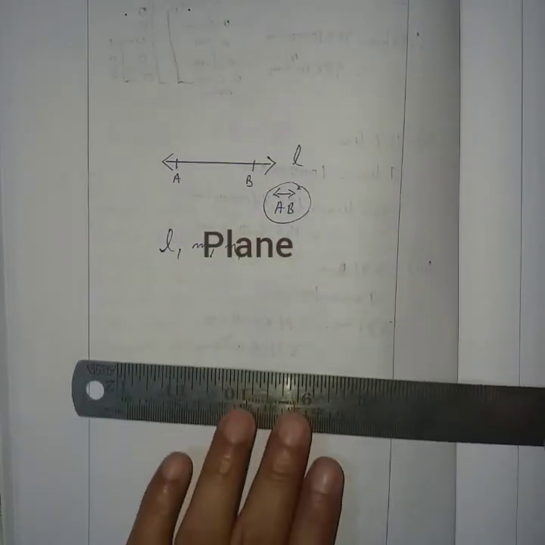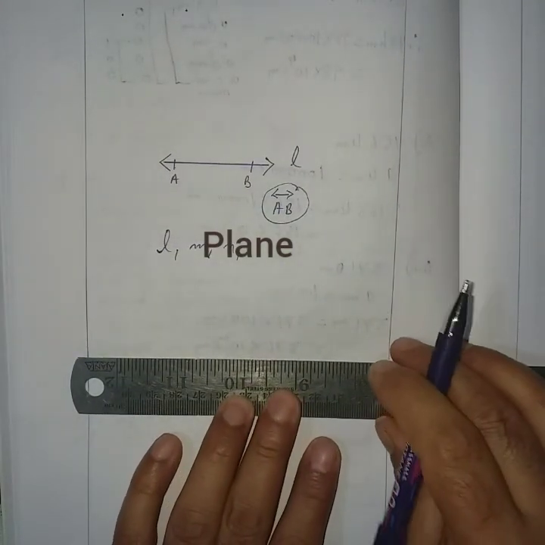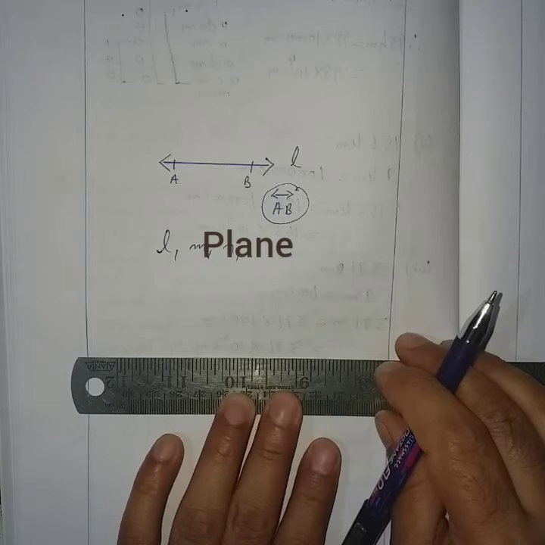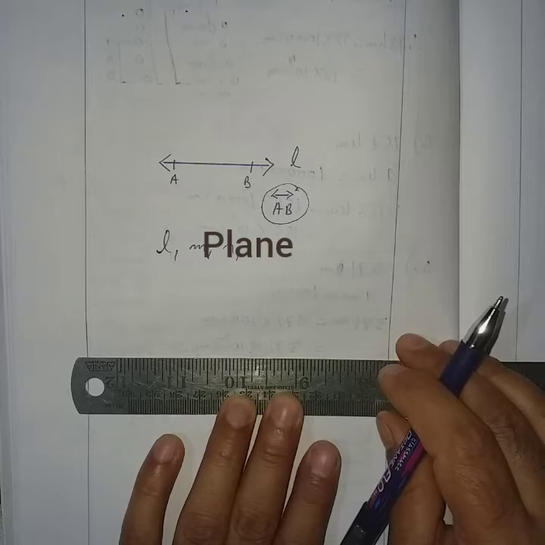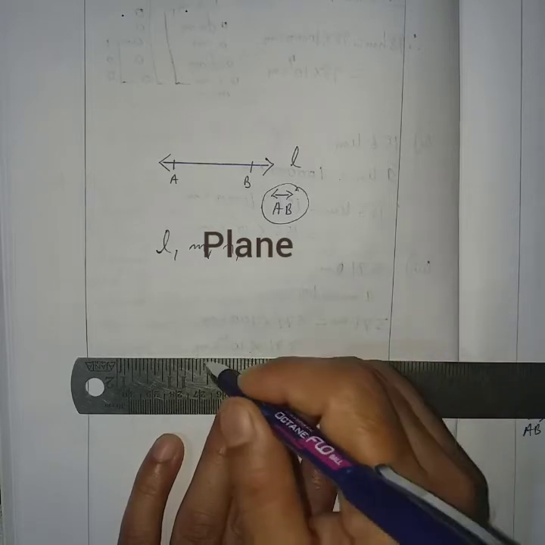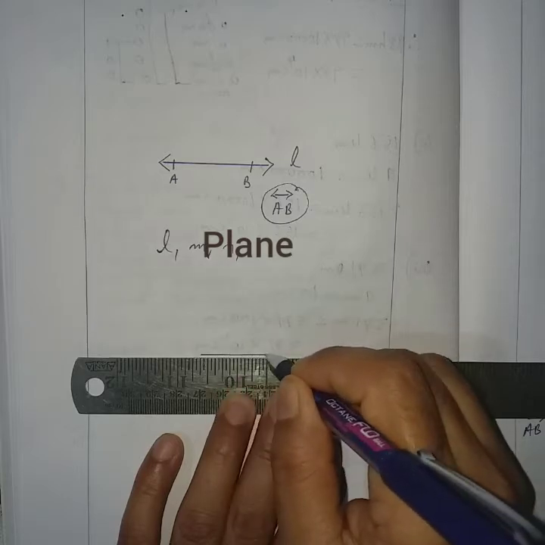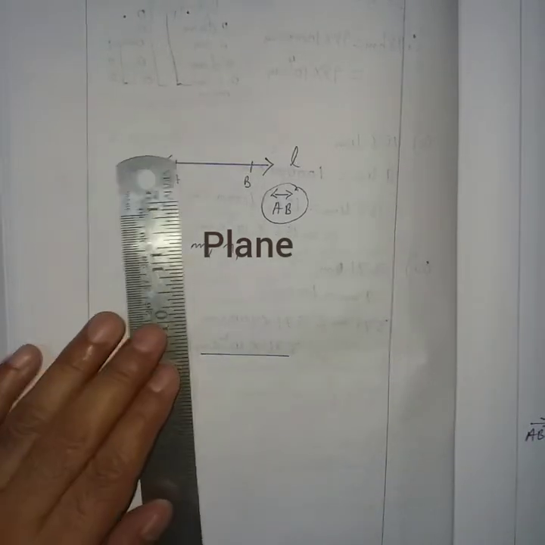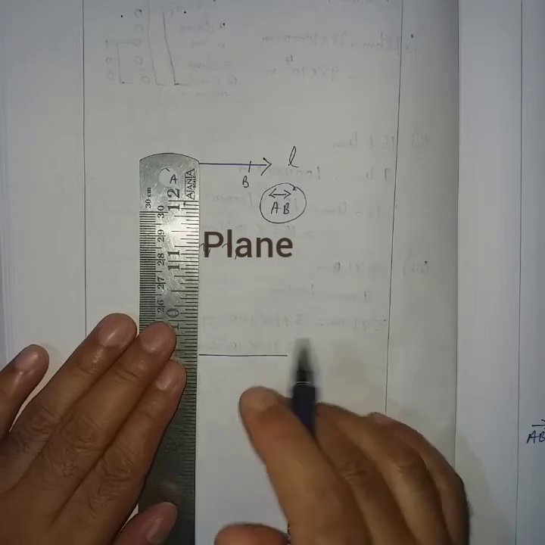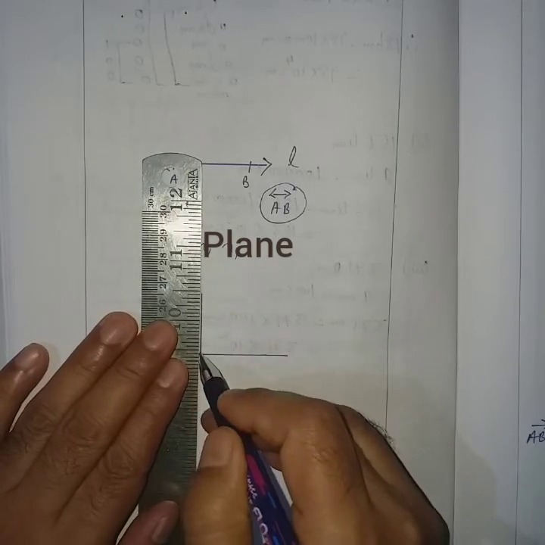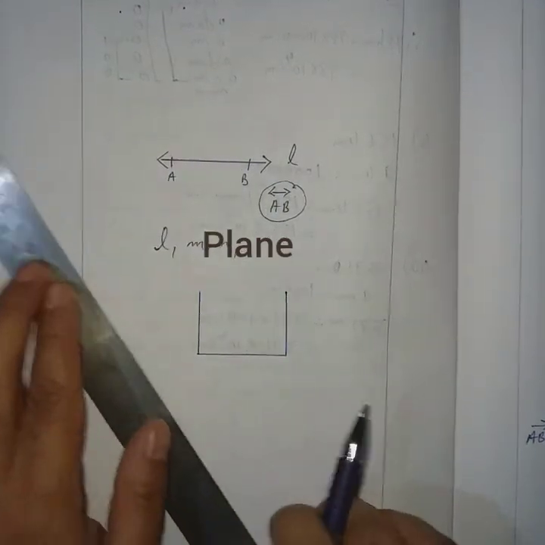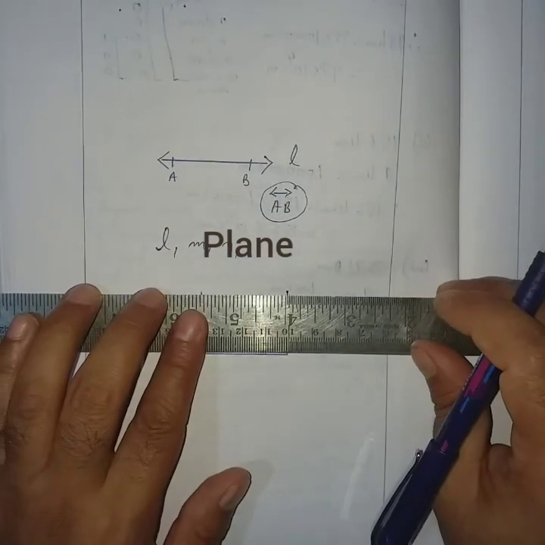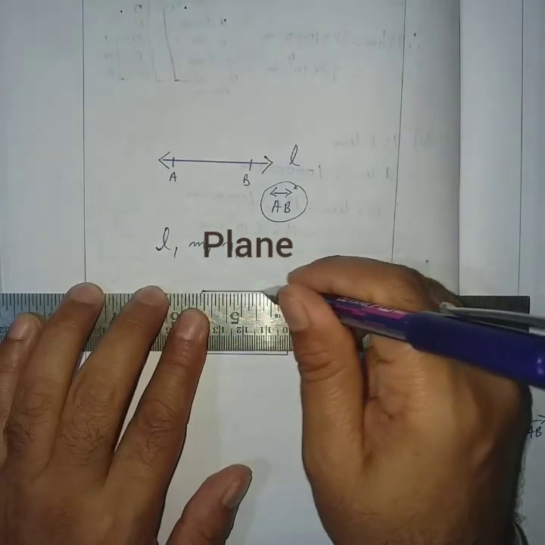So a plane is a figure which has length and breadth. And any figure that we draw on the plane are also plane figures, like triangle, rectangle, circle. So these are plane figures. Suppose here I am drawing one plane figure like a rectangle. It is a rectangle.